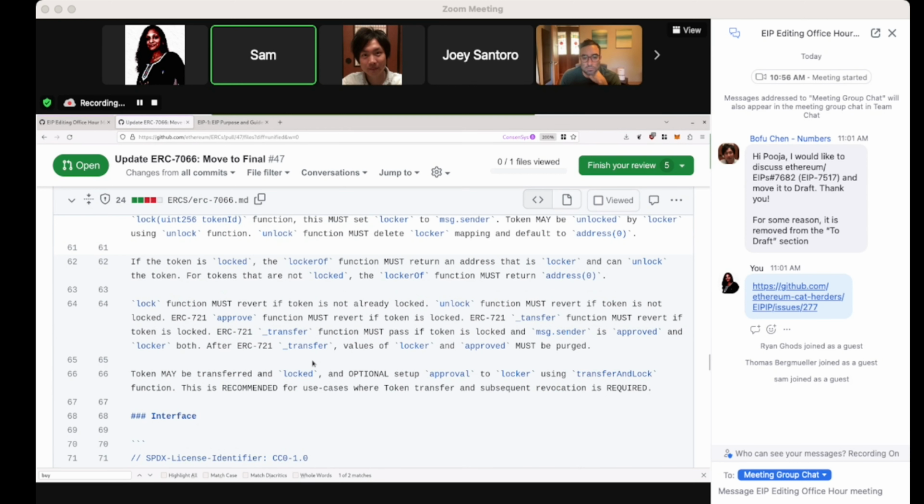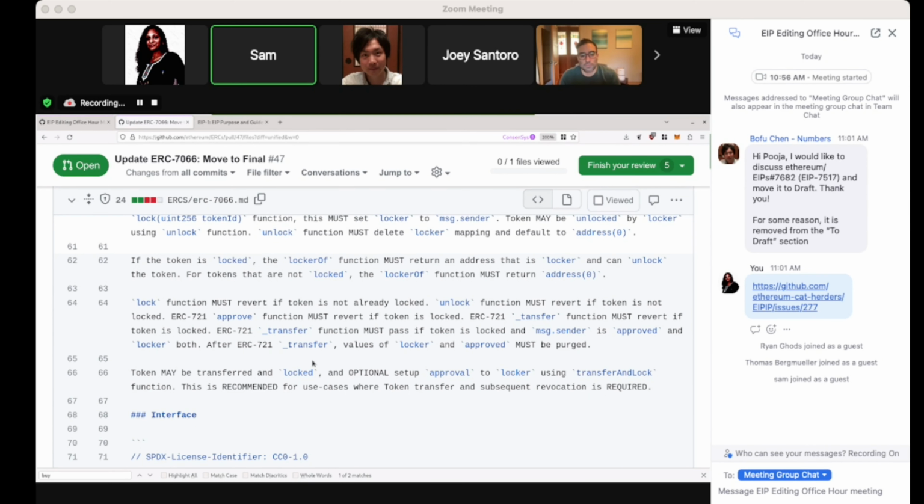Lock function must revert if the token is not already locked? That seems wrong. Can someone double check that I'm reading this correctly?